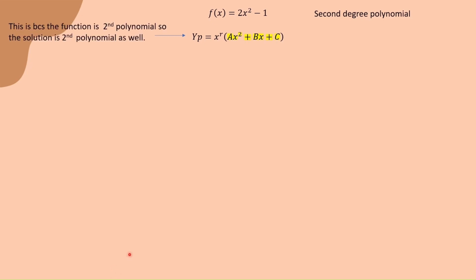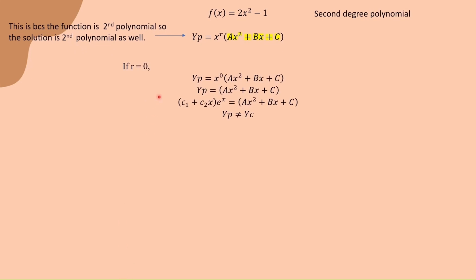The function that we use in the equation is f(x) equal to 2x squared minus 1, and since this is a second degree polynomial, for yp we will use this formula: yp equals x to the power r times (ax squared plus bx plus c). This is because the function is a second degree polynomial, so the solution also will use a second degree polynomial.